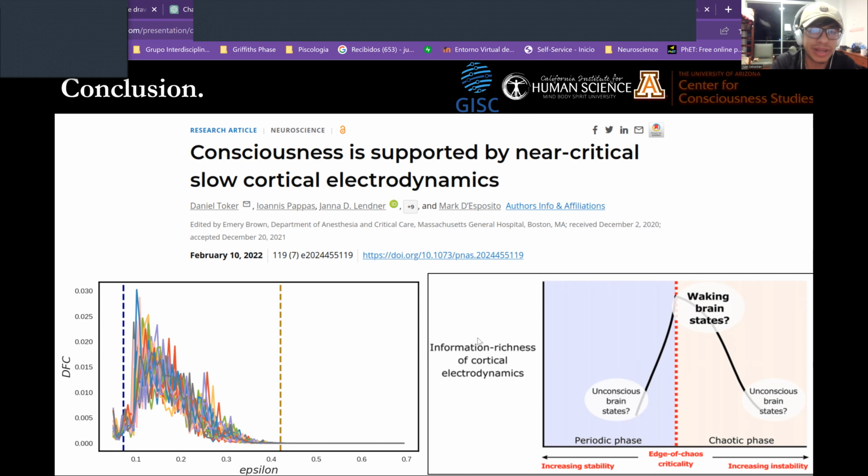So this information peaks when you are conscious and is down when you are unconscious. And interestingly, our results from our measure are consistent with this area of information behind conscious activity.